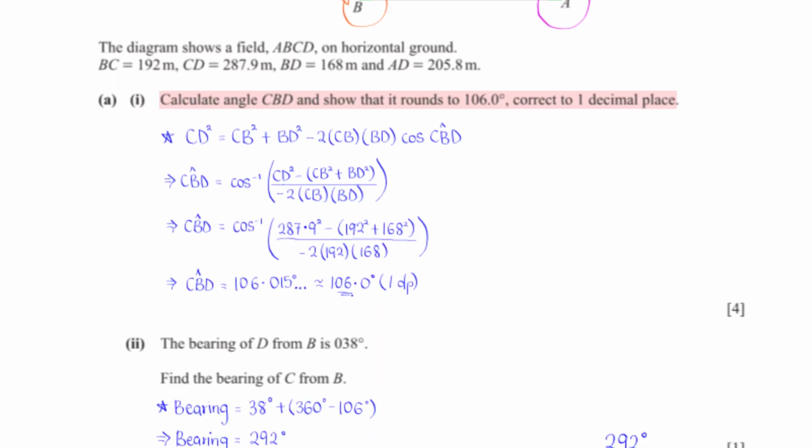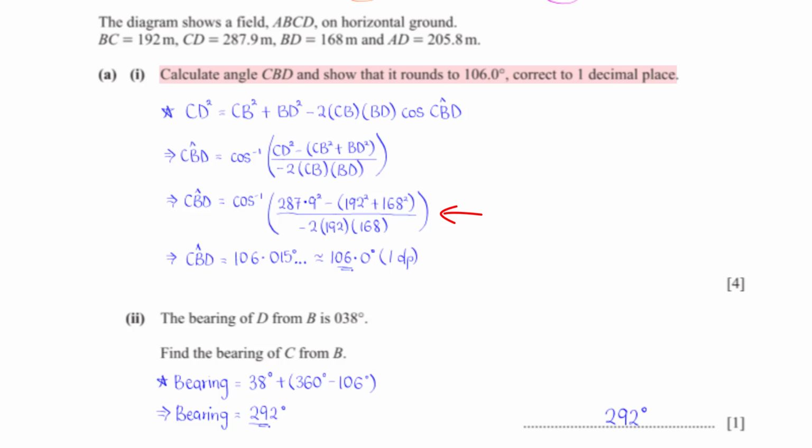When we slot in the values of CD, CB, and BD given in the question, we get angle CBD is equal to 106.015 degrees. 0 is the first number after the decimal point. The number after 0 is less than 5, and so we maintain 0 and ignore the rest of the numbers. This leaves us with angle CBD = 106.0 degrees, correct to one decimal place.